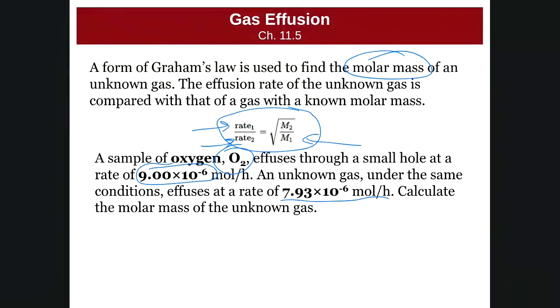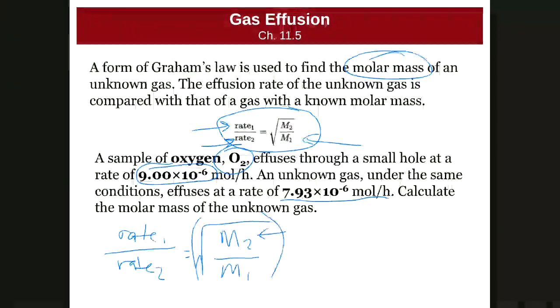So rate 1 over rate 2 is equal to the square root of molar mass 2 over molar mass 1. And we want to solve for molar mass 2, so I'm going to square both sides to get rid of that square root.